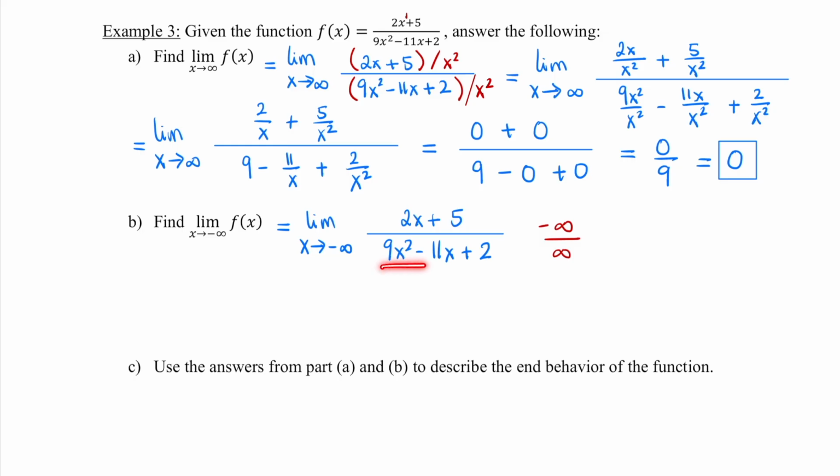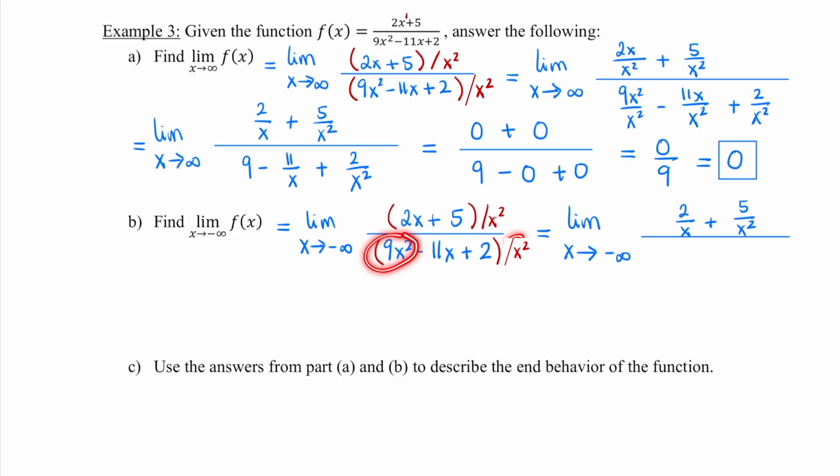The highest power of the denominator is x squared, so I divide everything by x squared. 2x divided by x squared is 2 over x. 5 divided by x squared is 5 over x squared. 9x squared divided by x squared is 9. 11x divided by x squared is 11 over x. 2 divided by x squared is 2 over x squared.